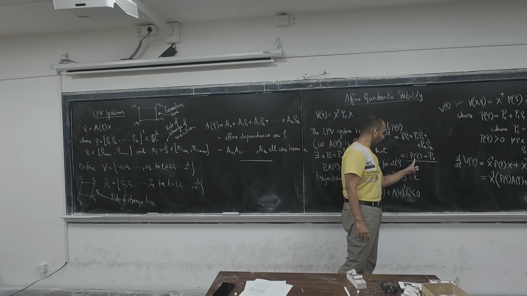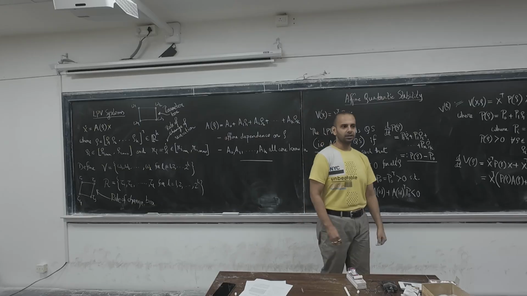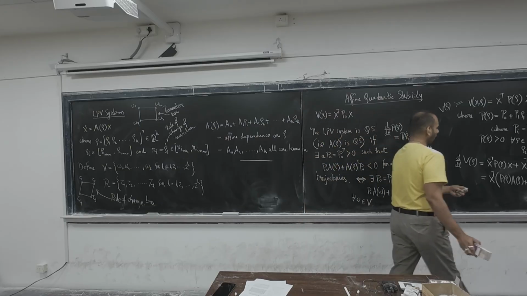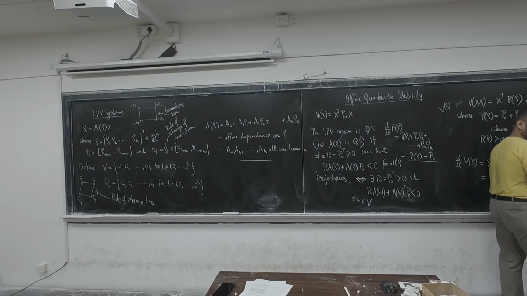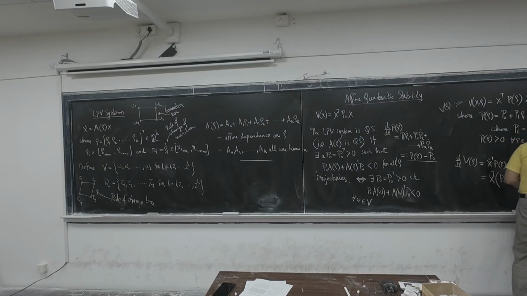So that's why the notation is P of rho dot minus P0, right? I wanted to write P of rho dot minus P0, but I didn't mention it at the beginning because you might have got confused. So the base thing would have been x transpose ddt of P rho, okay, into x.